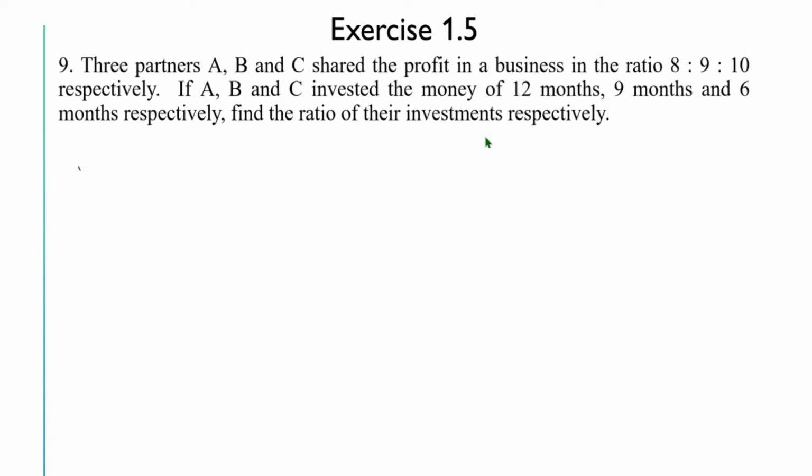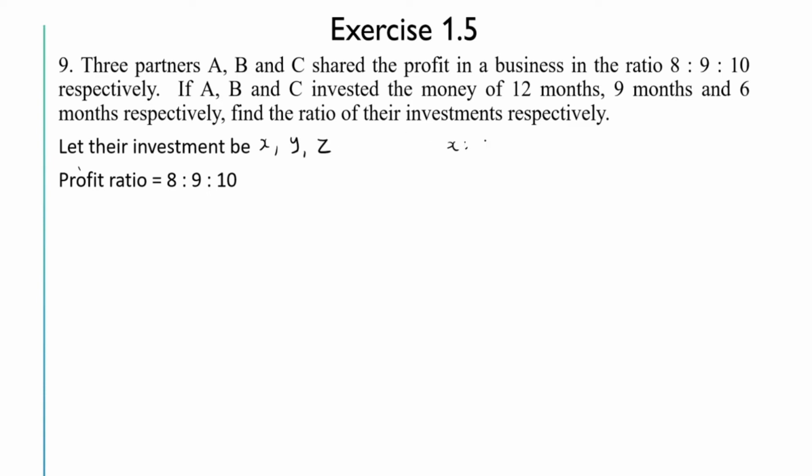So here we are given the profit ratio and we have to find the ratio of their investments. Let their investments be X rupees, Y rupees and Z rupees. So we have to find X is to Y is to Z.